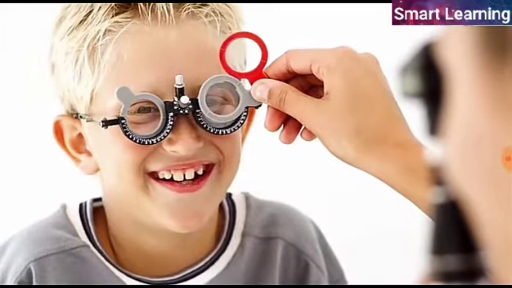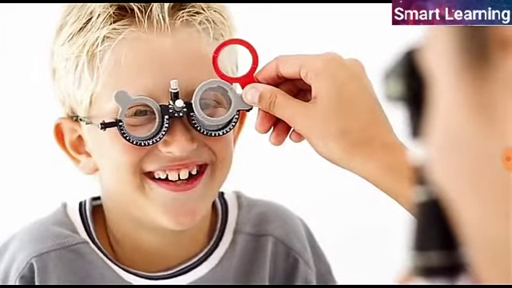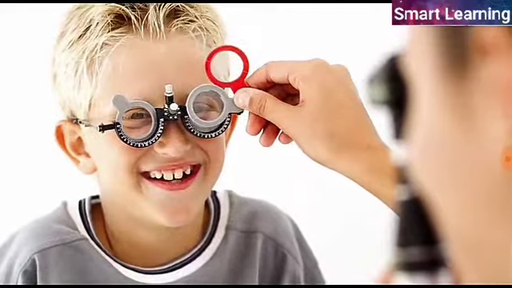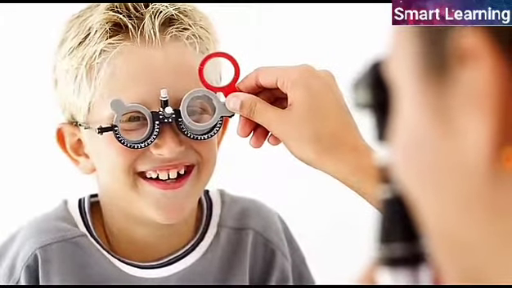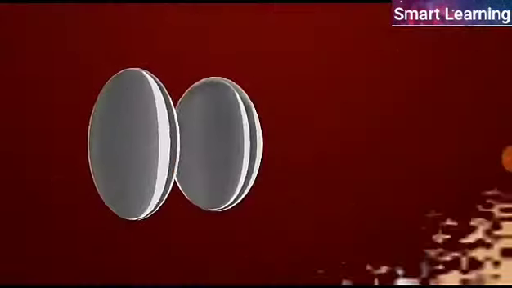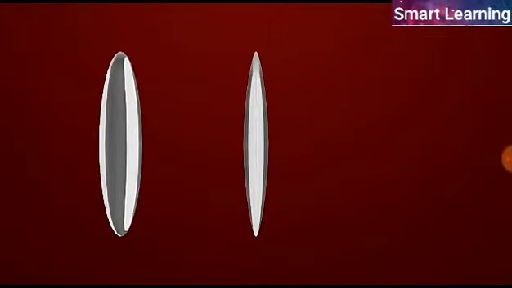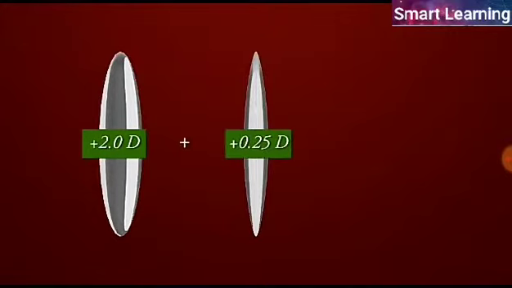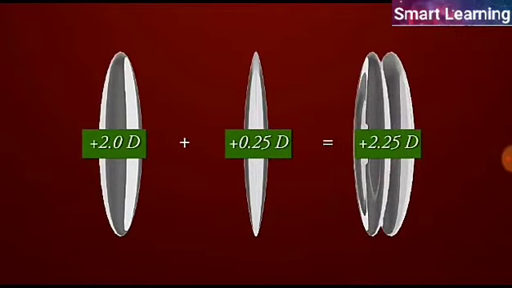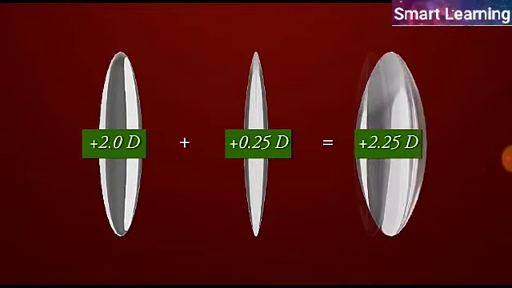The optician calculates the power of the lens required by a simple algebraic addition. For example, a combination of two lenses of power plus 2.0D and plus 0.25D is equivalent to a single lens of power plus 2.25D.